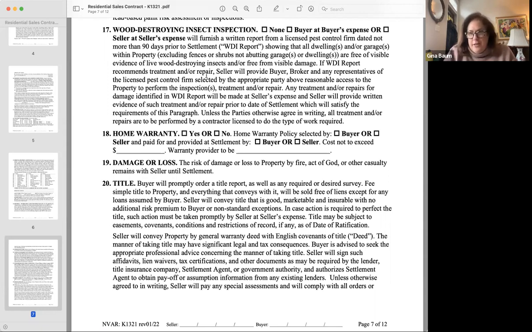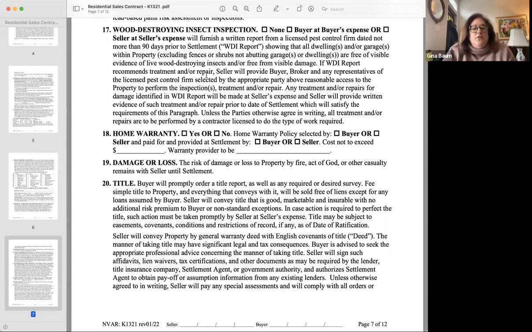If you're a seller, one of the nice things is to provide a home warranty so that the buyer does not have to worry about making any repairs in the first year of ownership. If something goes wrong, they just call the home warranty people and they pay somewhere between $50 to $100 deductible and they take care of anything that needs to be fixed. So it's a nice little selling marketing point.